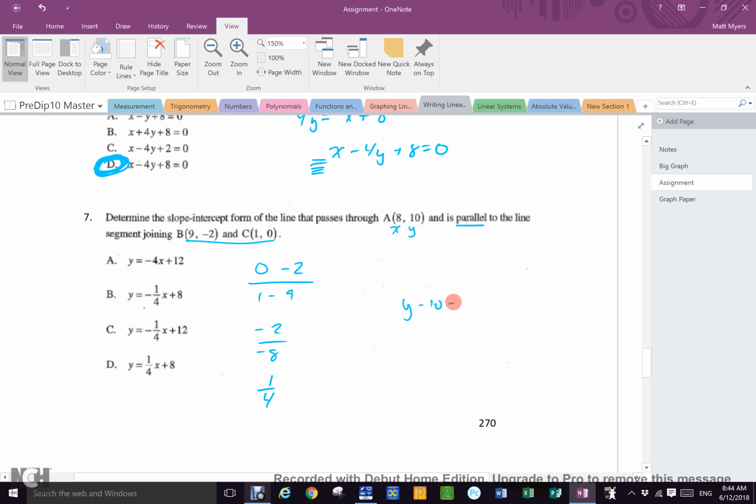So now I have a point and a slope. Y minus 10 equals 1/4 x minus 8. But I need slope-intercept form, so it's y minus 10 equals 1/4 x minus 2. Y equals 1/4 x plus 8. What did I do wrong, Green?